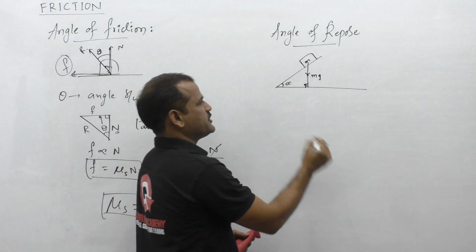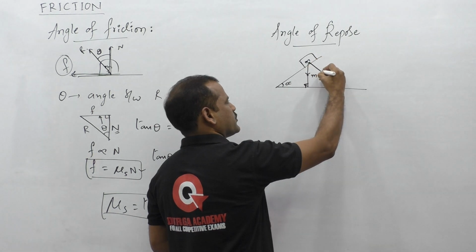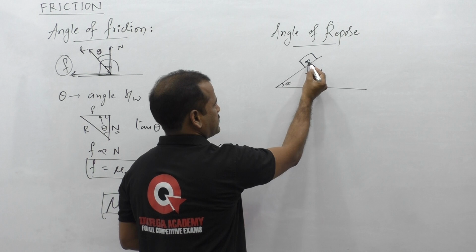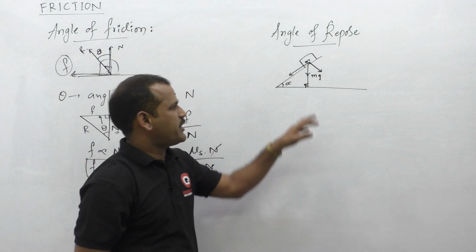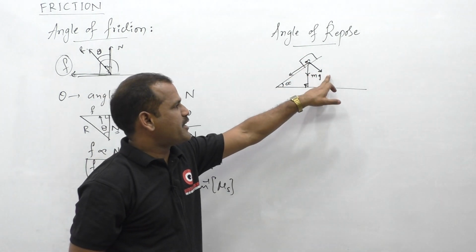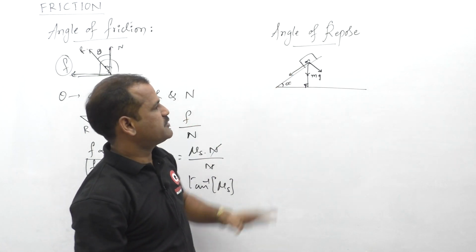If this is mg, let us resolve it into two components: one perpendicular to the inclined plane, and another parallel or along the inclined plane. Let us consider this situation.